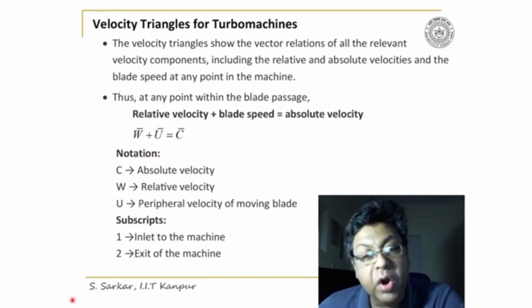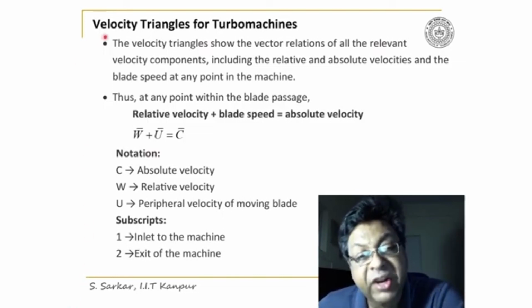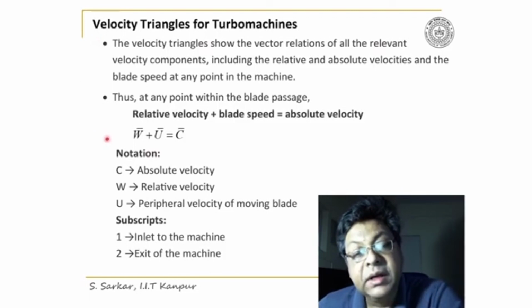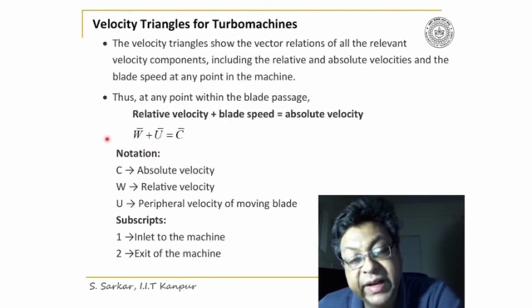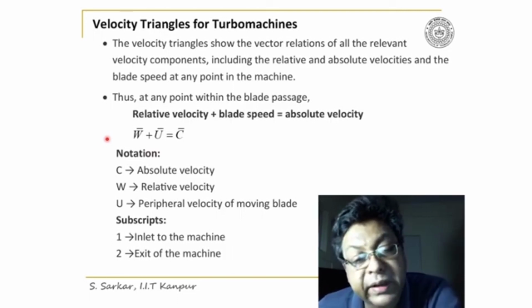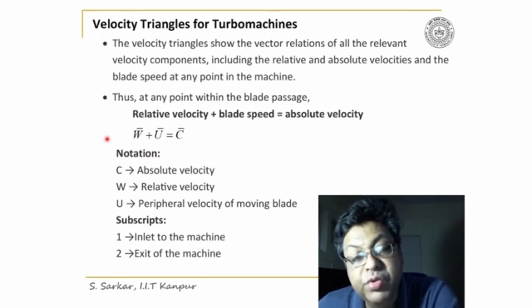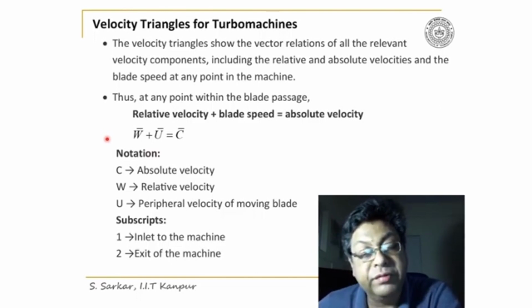The important point here is that from the velocity triangle we get W plus U is equal to C. It's a vector addition, where W is the relative velocity, U is the blade speed, and C is the absolute velocity.